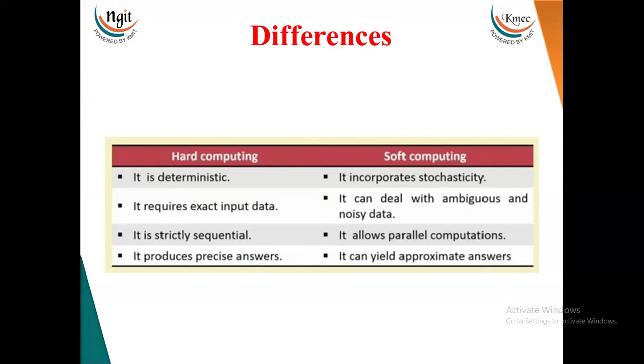Finally, I'll give you one case study where we can easily identify the differences between hard computing and soft computing. Take the example of the human brain. Suppose a signal is coming into your brain.